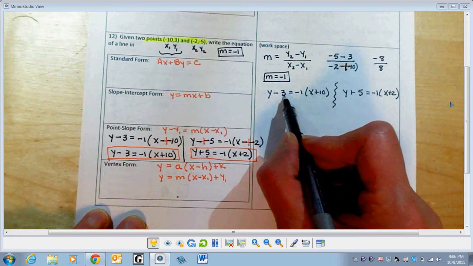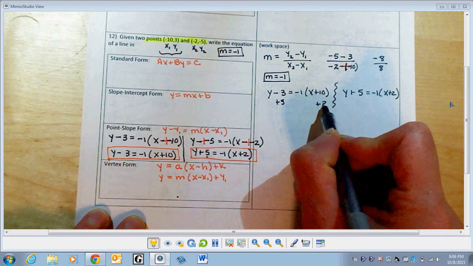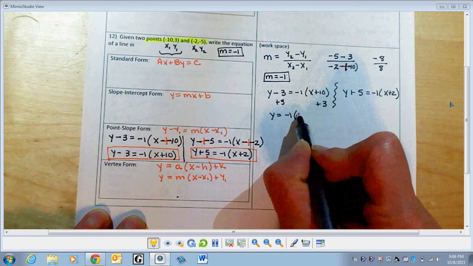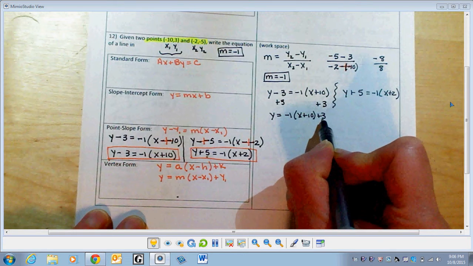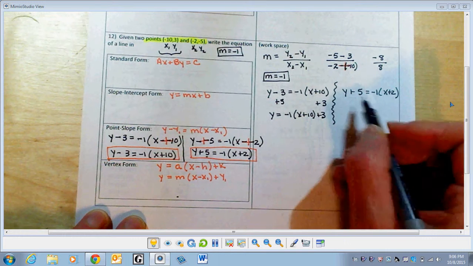So my y1 is right here. So I'm going to add 3 to both sides. So that gives me y is equal to negative 1 times the quantity x plus 10 plus 3. So that's vertex form.